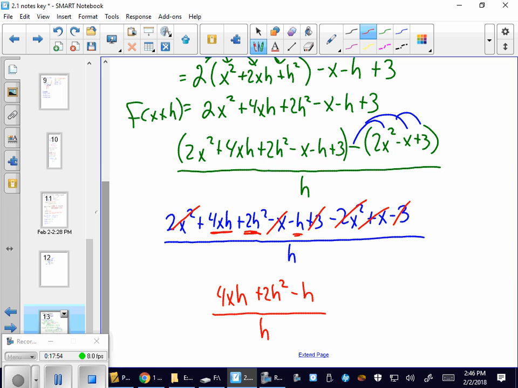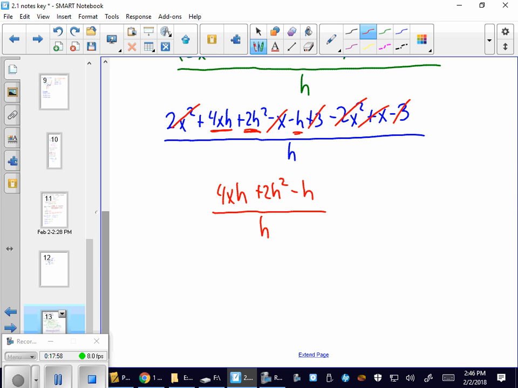We're going to simplify it even just a little bit more, and then we'll be done with this one. What you should see is you have an h in common of everything on top. So I can factor the h out of the top. And remember, when you factor, you're undoing the distributive property. So we should still have 3 terms left over.